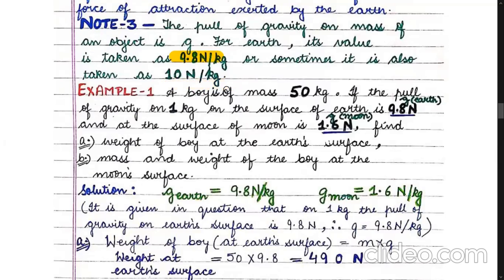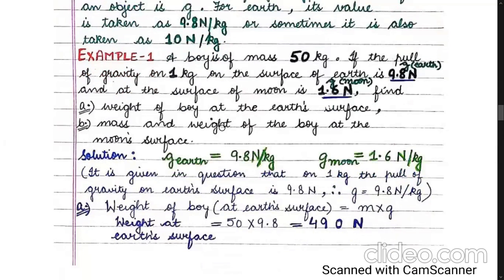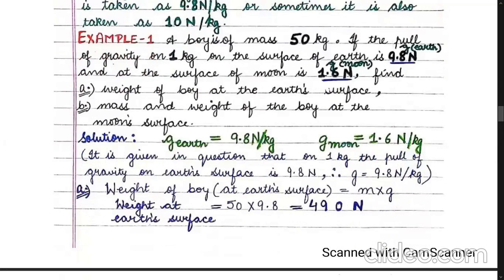Now students, after this, I have given you certain numericals as examples. The first example: a boy is of mass 50 kg. If the pull of gravity on 1 kg is 9.8 Newton, it means 9.8 per kg, and at the surface of moon, it is given to be 1.6 Newton.